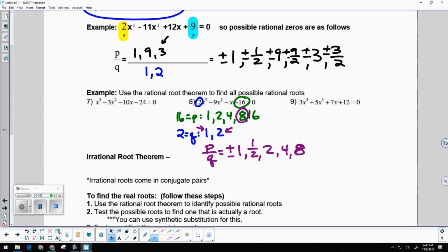And then finally, we're going to take 16 and do the same thing. 16 divided by 1 is 16. 16 divided by 2 is 8, but again, I already have 8 there. I don't have to rewrite it if I don't want to. So these numbers right here are all the possible rational roots of that polynomial you see in number 8.